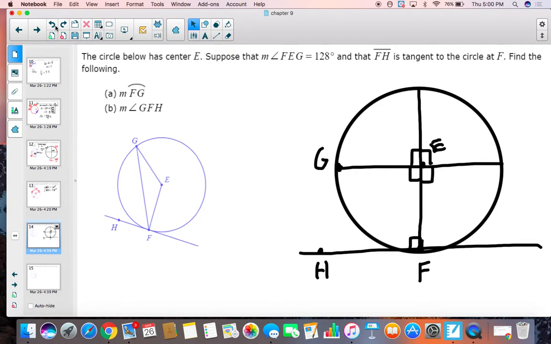So let's say we want to find the measure of the arc, like it's asking in the question, from F to G. Since we split it up into 4 equal sections, we can take 360 divided by 4, and we should get 90 degrees. So this arc angle is going to be 90 degrees. It's also asking, what's GFH?